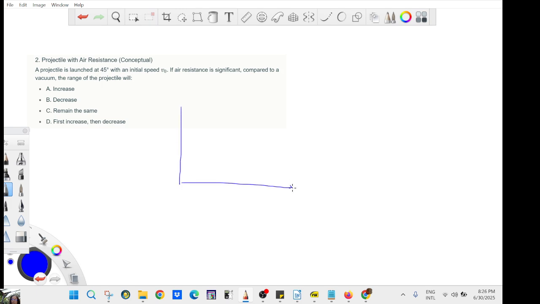Okay, and so that will be X and Y. So if you launch here at 45 degrees, okay, that will be the largest range that you can get. Okay, so that will be called the range.